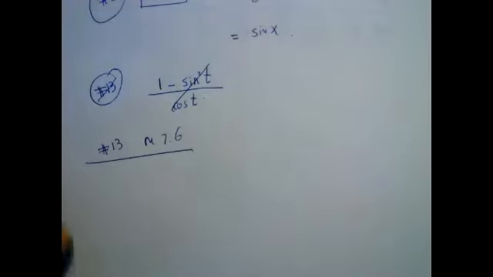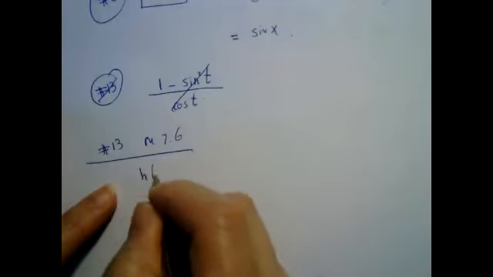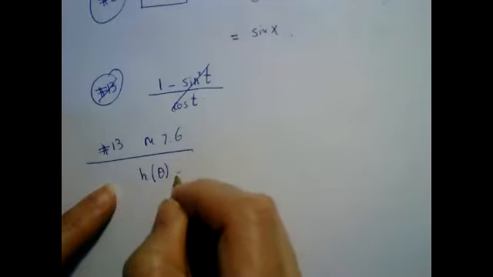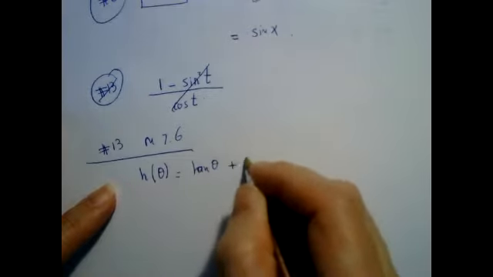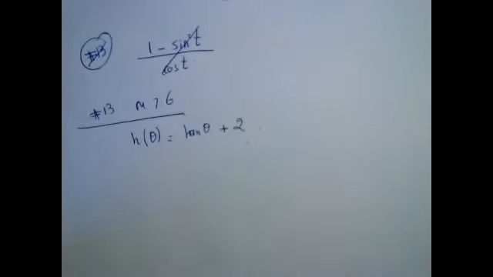So we have the following function. H of theta is the tangent plus 2. They want you to find the vertical asymptote. I did not define vertical asymptote, but now I will define it in a minute, for between 0 and 2 pi.